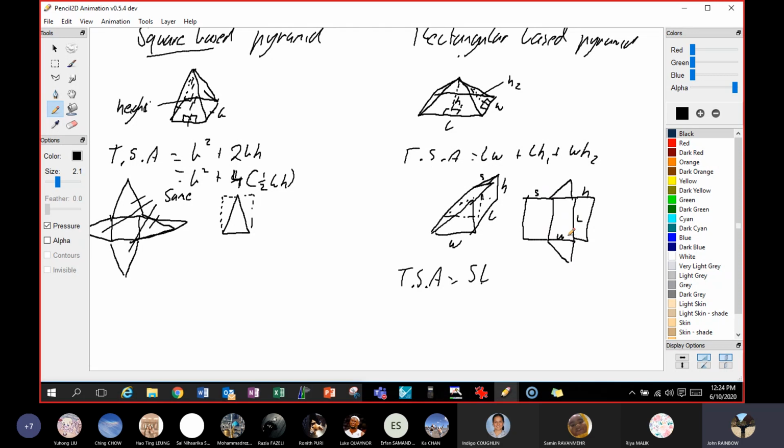So the first thing we're doing is the slant edge by the length, which is this one here, the top face, plus width by length, which is the bottom. Plus, don't forget, we also need to do the back edge, which is length by height. Plus, we need to do the 2 triangles.